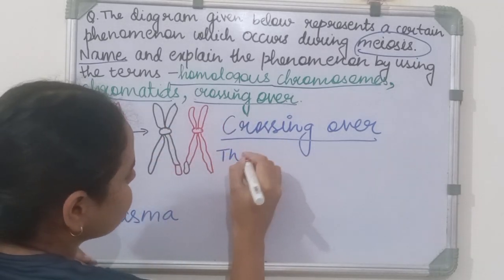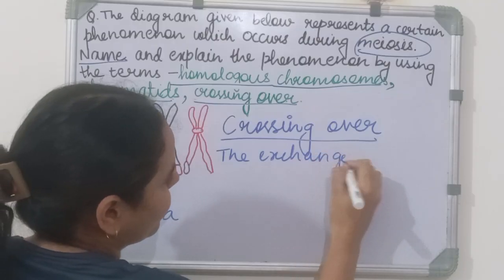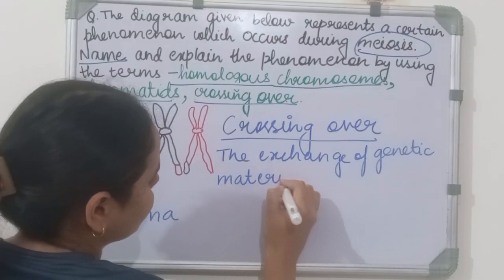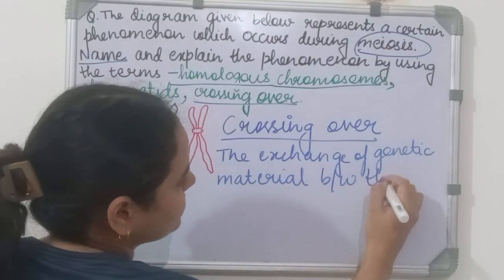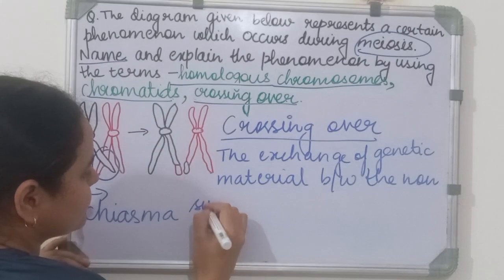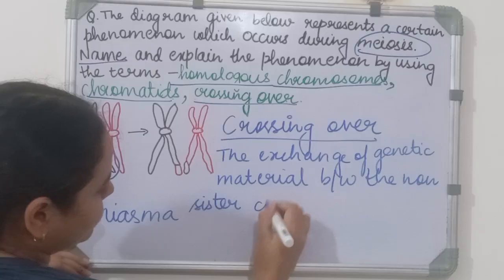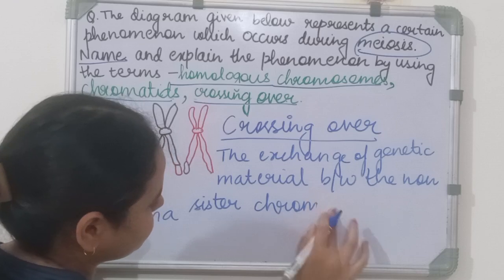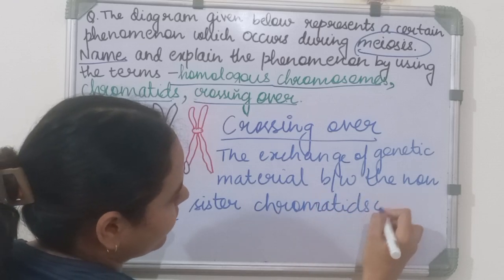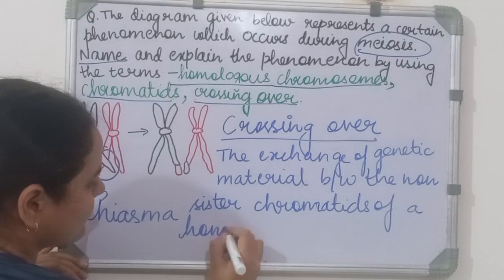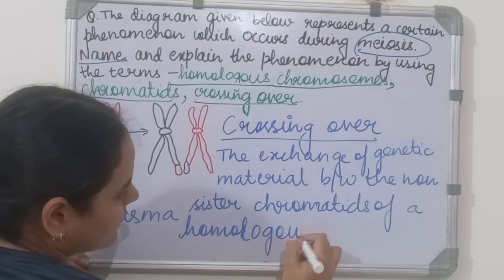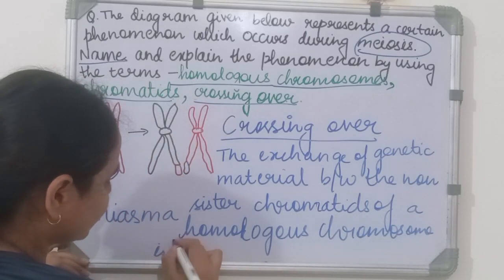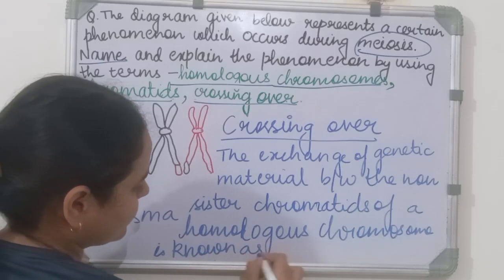So the exchange of genetic material between the non-sister chromatids of a homologous chromosome is known as crossing over.